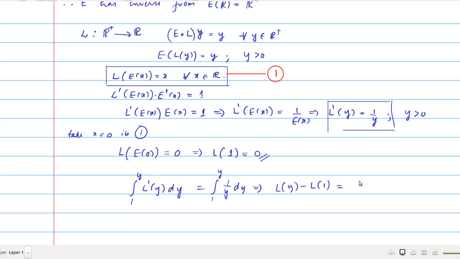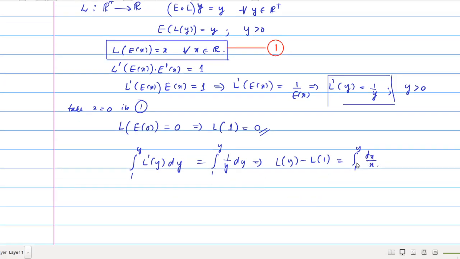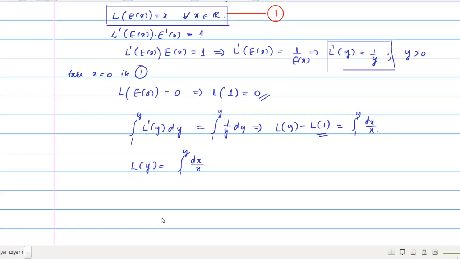And the right side will be the integral from 1 to y of dx by x or dy by y, both will be the same. Since L of 1 is 0, L of y takes the form integral 1 to y dt by t, or dx by x, or dy by y itself. These are dummy variables. So this is the definition of L of y.